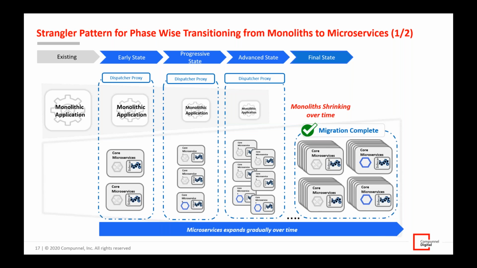Eventually, this is the cycle we see: in the early stage, the monolithic application is bigger and the core microservices are fewer in number, because you started with them. Slowly, your monolithic app becomes smaller and smaller, and your microservices become bigger and bigger. Then there will be more microservices than monolithic, and at one point of time, your complete monolithic app will be converted into microservices.